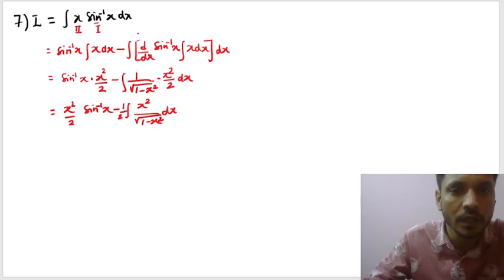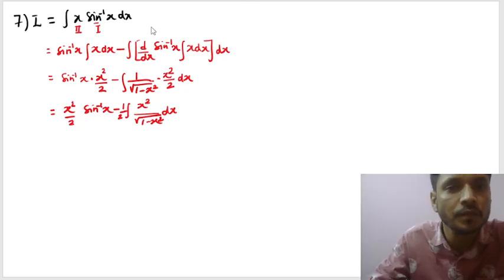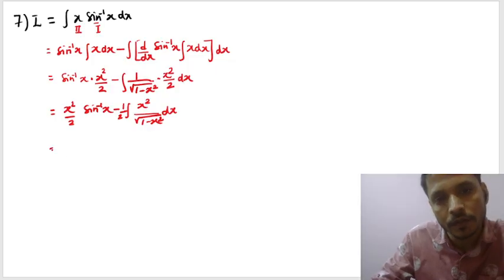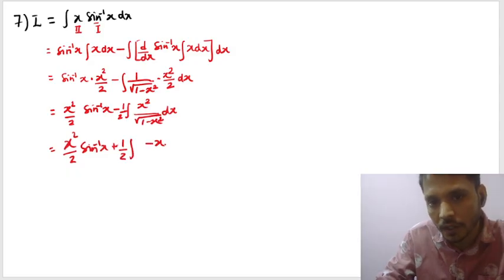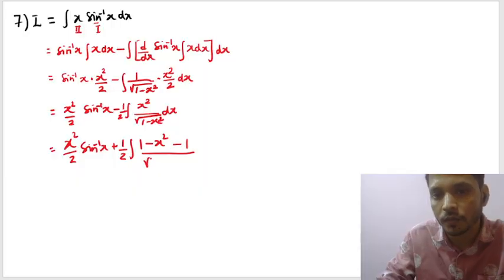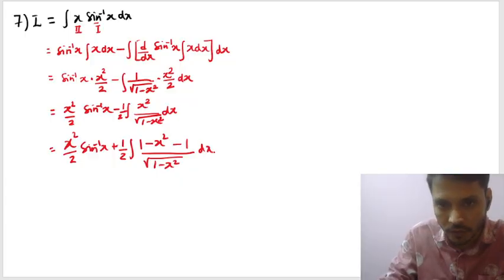Means we can rewrite this equation as x square by 2 sine inverse x minus, I make it as plus because I'm going to take this minus here, minus x square. And here I'm going to add plus 1 and subtract the minus 1 and then divide it by under root of 1 minus x square, divided by under root of 1 minus x square into dx.